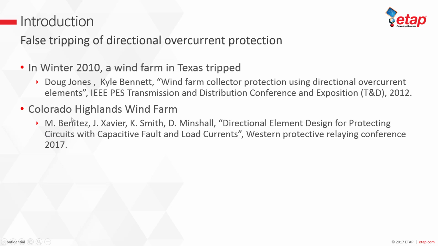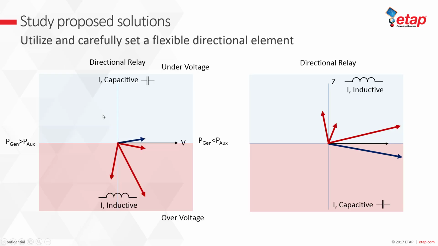Also, there is another one in the Colorado Highlands wind farm where the directional element also tripped for a basically normal load current condition. You can go through these two papers and look at what has happened, but basically what I explained covers the issue. And now we are going to look at the solution.